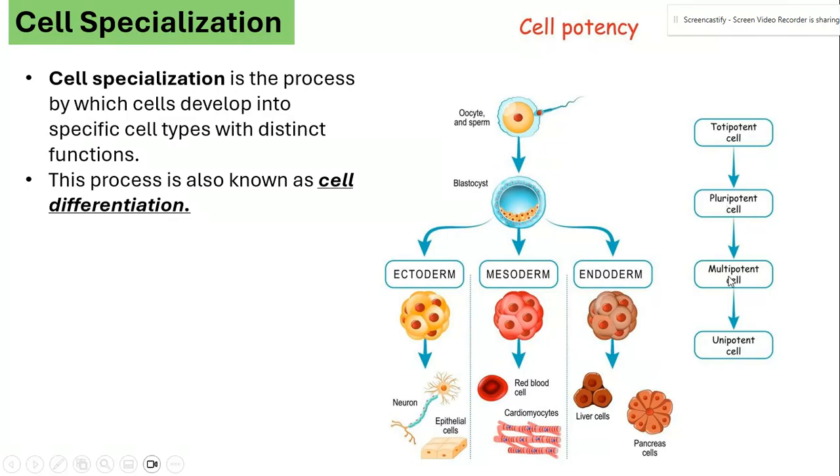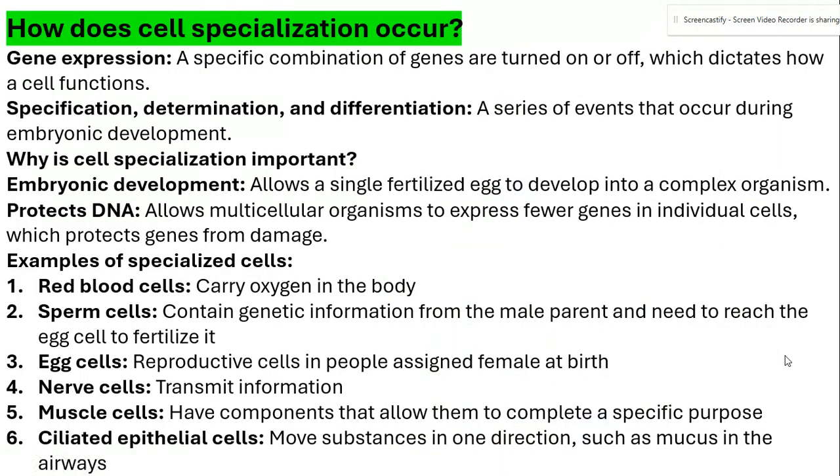Totipotent cell, pluripotent cell, multipotent cell, unipotent cells, yeah? How does cell specialization occur? Gene expression: a specific combination of genes are turned on or off, which dictates how a cell functions. Specification, determination, differentiation: a series of events that occur during embryonic development, yeah?